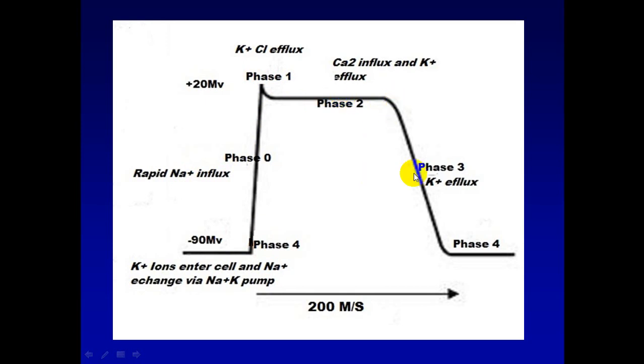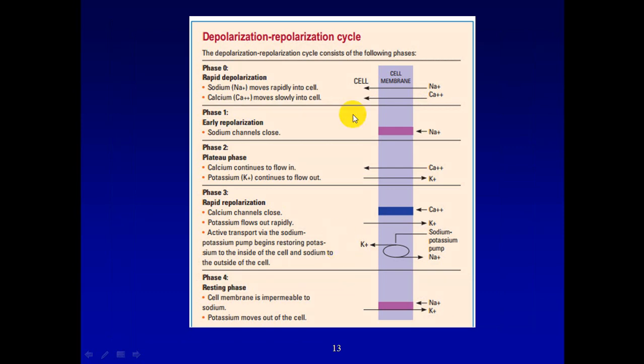Phase 3 is due to potassium efflux outside, the rapid phase of final repolarization. Then phase 4 is the resting phase. And these are the electrolytes; you can read them in this table.